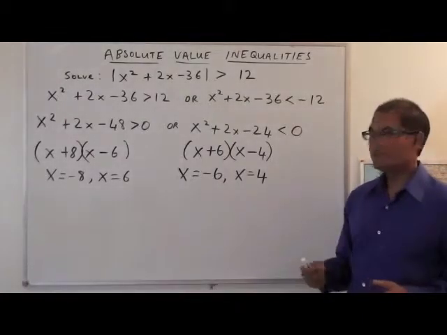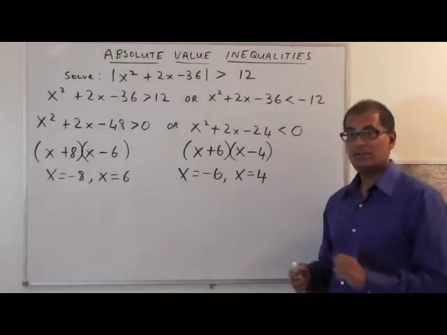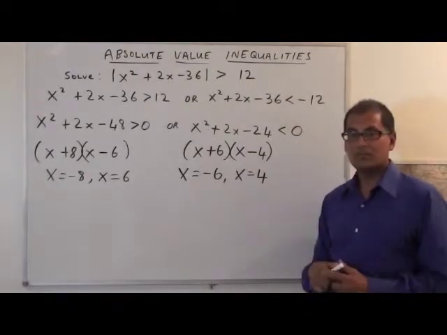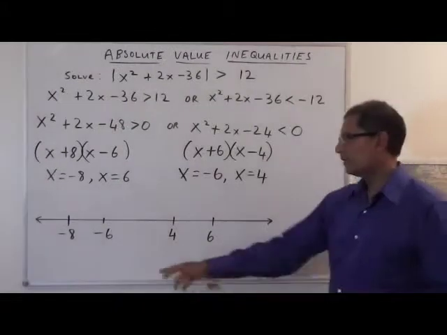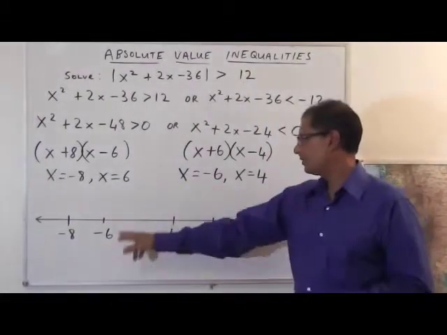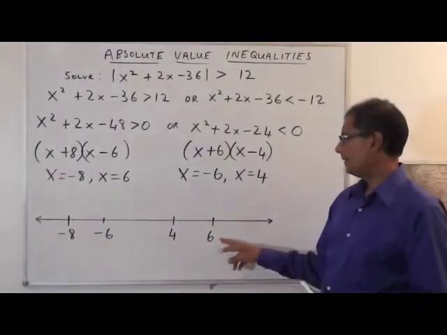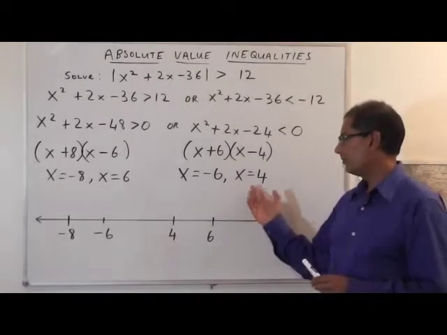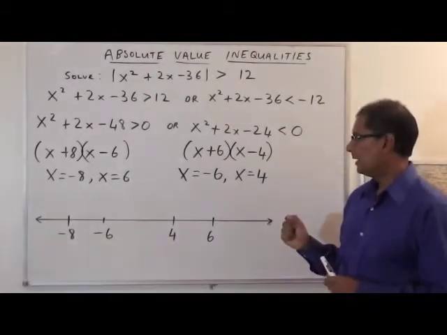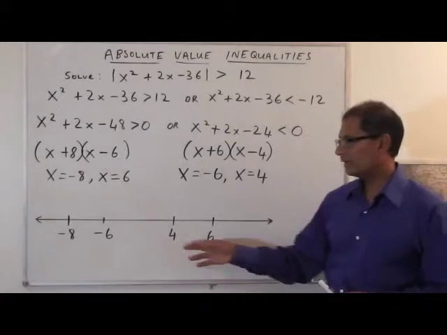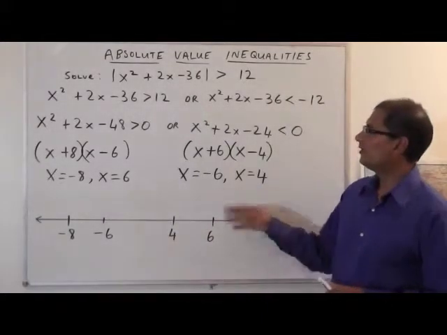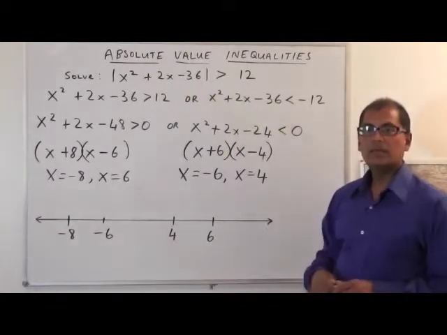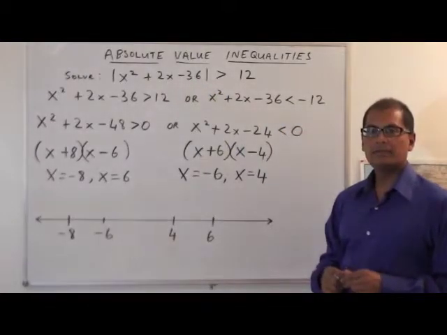I'm going to divide up our number line. So we're actually going to have 5 areas to check because we have 4 roots to split up the number line. So let's do that. Let's draw the number line. So we have our numbers: negative 8, negative 6, and 4, and 6. And so these are our 4 roots here. And we're going to check numbers in between the roots to see if they satisfy the original absolute value inequality.